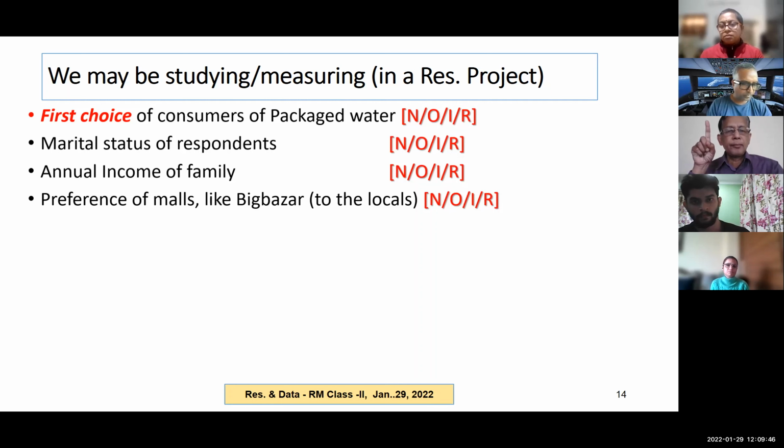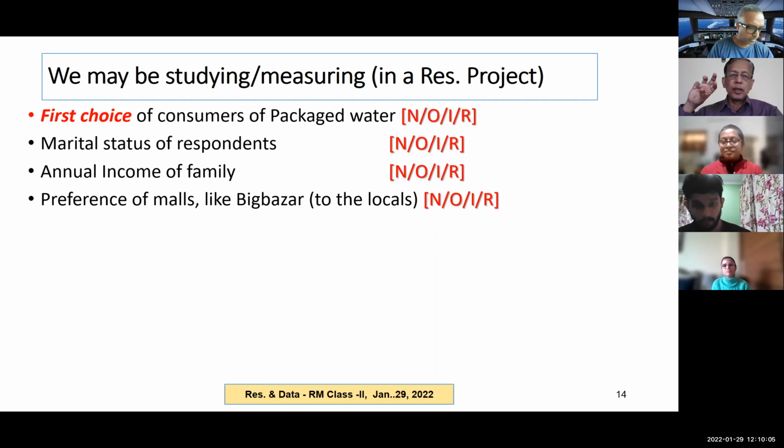Sorry, but if we assign numbers, then the numbers hold some value. Then it will not be nominal. No, that is what Kavita is telling. Please allow me. Shriyanka, what Kavita is suggesting is that you are coding a category.